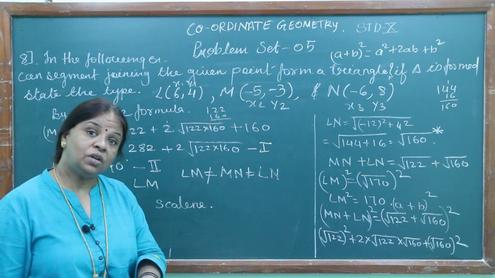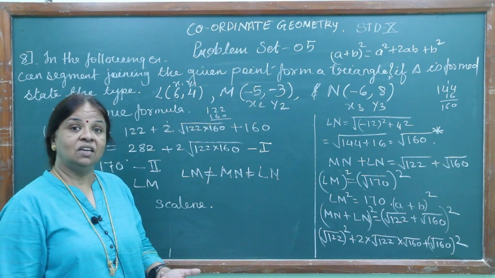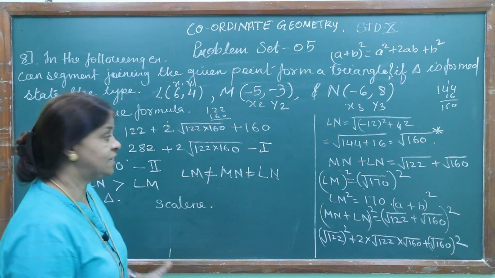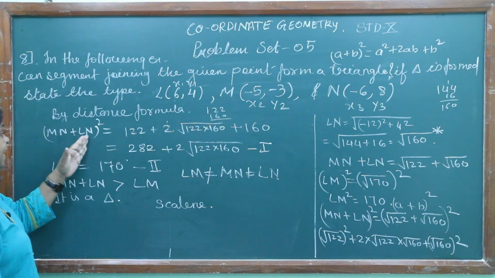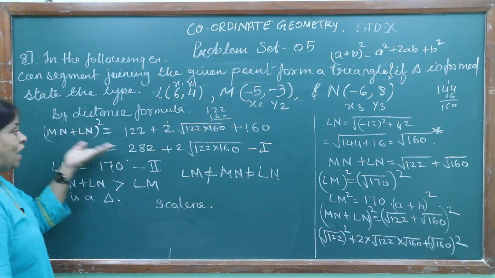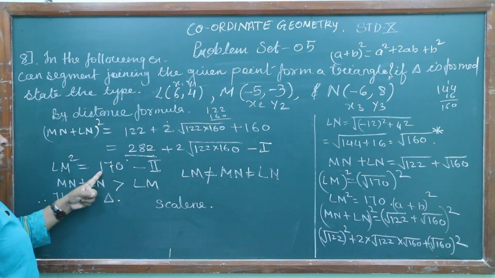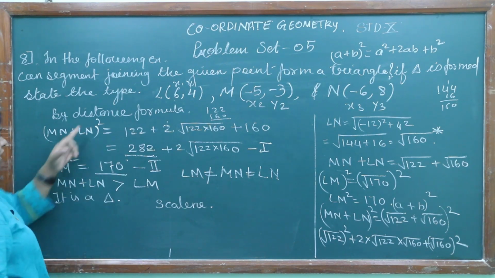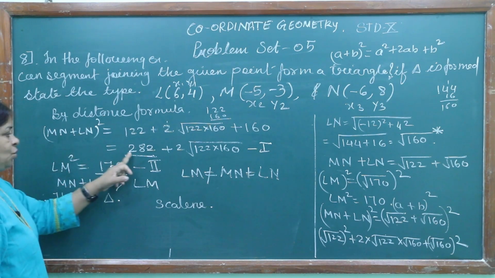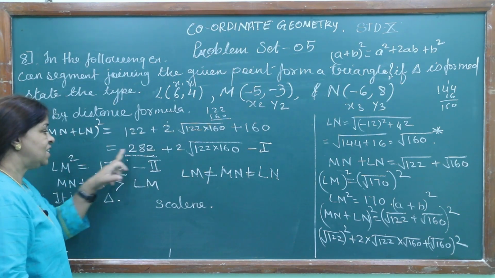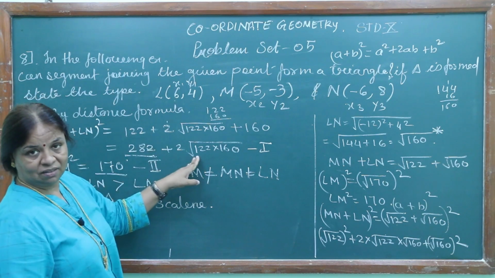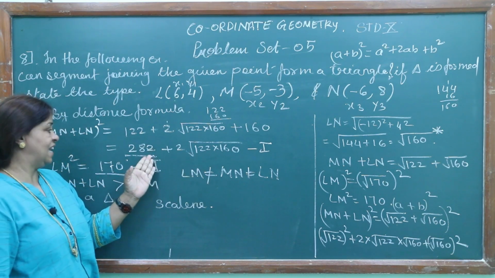And how can we say that it is forming a triangle? Because when I added these two sides, the value which I got is more than the third length. It is 282 plus something, so it is of course greater than 170.